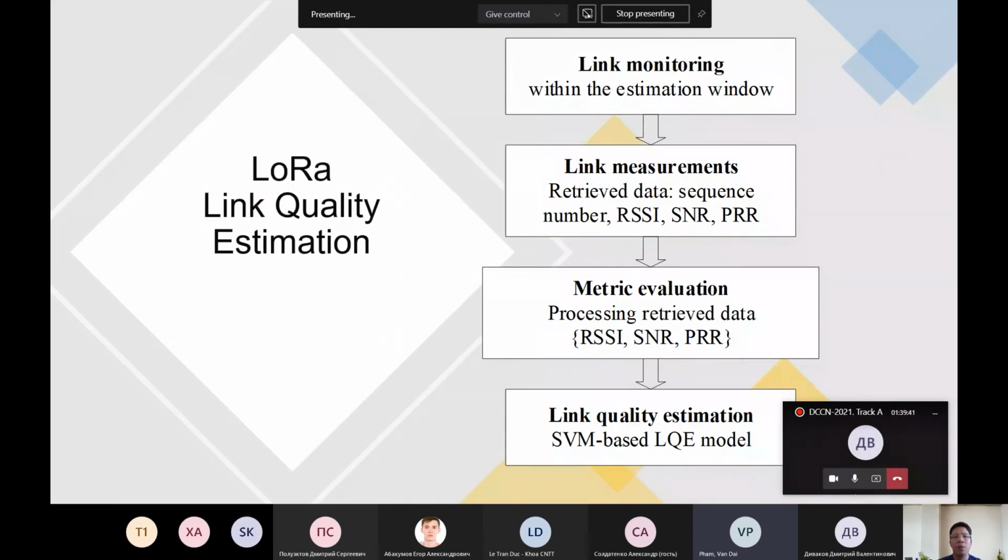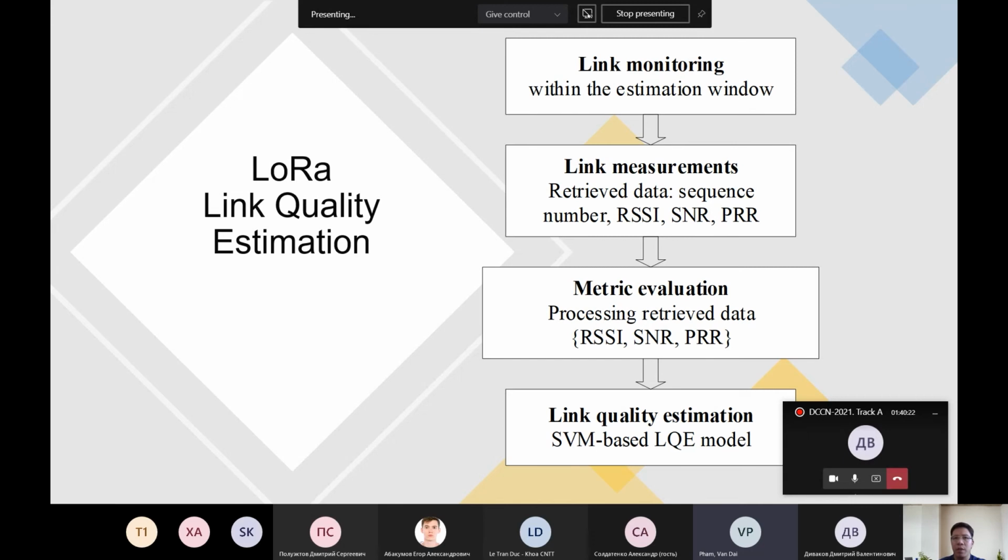So here we propose a link quality estimation method, which is considered a process of evaluating the link quality based on metrics within a certain estimation window. The estimation window can be a time interval in seconds or a number of received packets. To have data for link quality estimation, it is required to monitor and measure data.